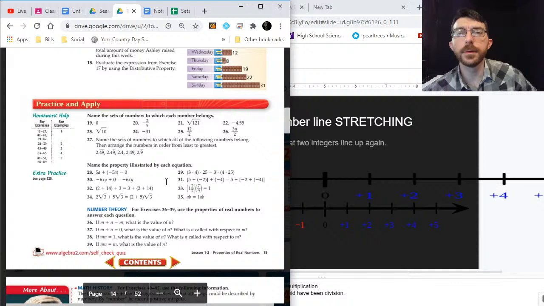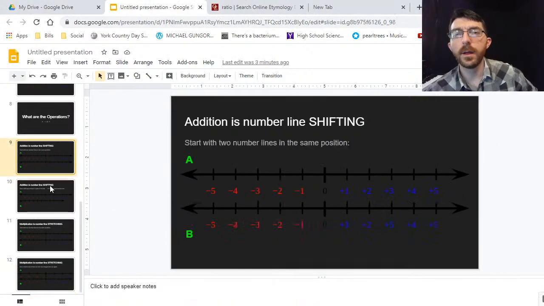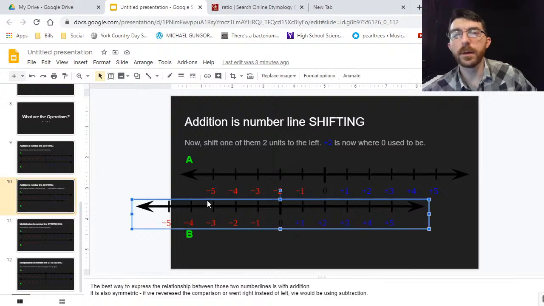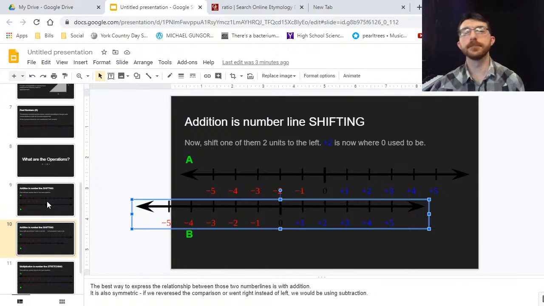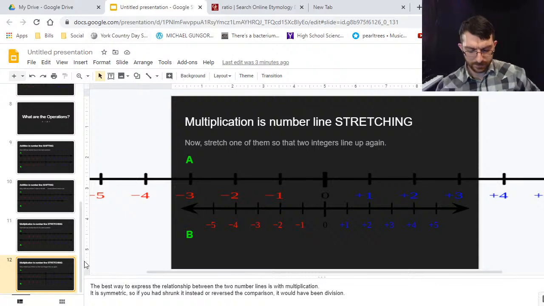So how the heck is this commutative? Addition and multiplication are commutative.